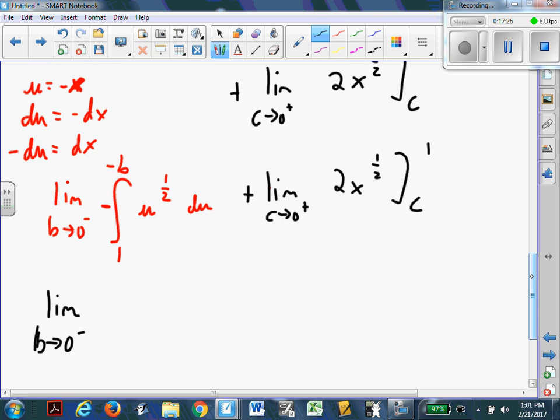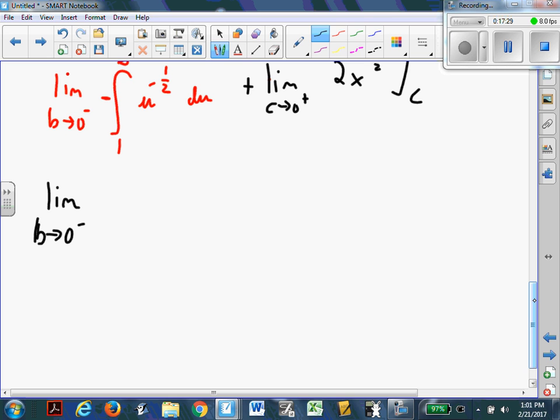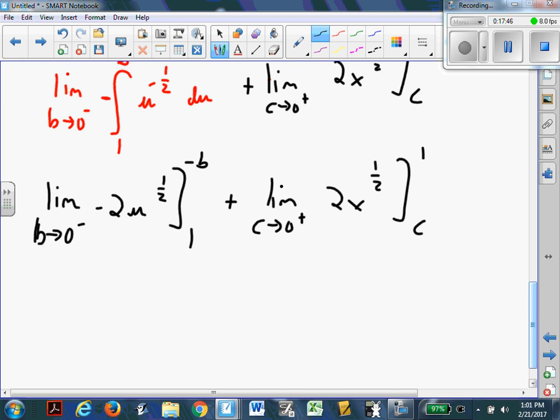That should be to the negative 1/2. Whoops. Sorry about that. So this is now 2u to the 1/2, but there's a minus in front, from 1 to negative b, plus the limit as c approaches 0 of 2x to the 1/2 from c to 1. Okay. So now we can use the first part of the fundamental theorem to plug in.